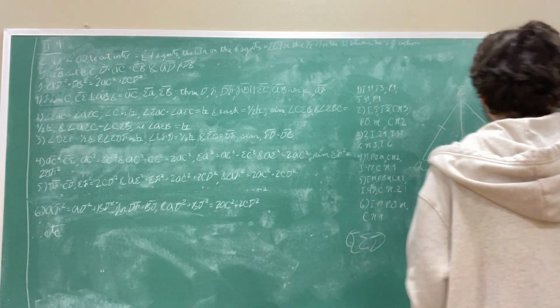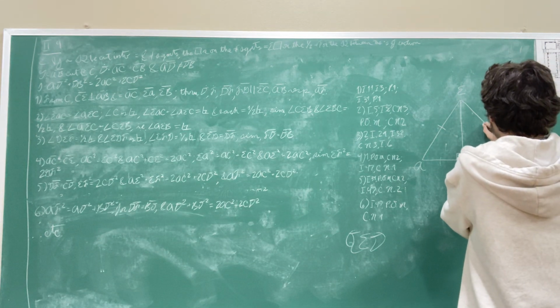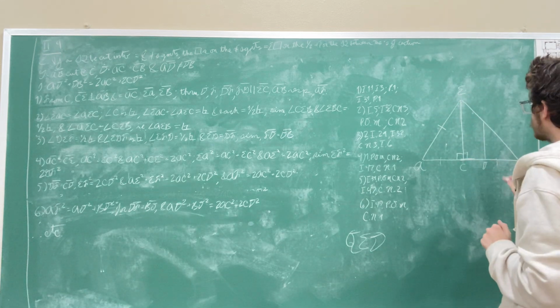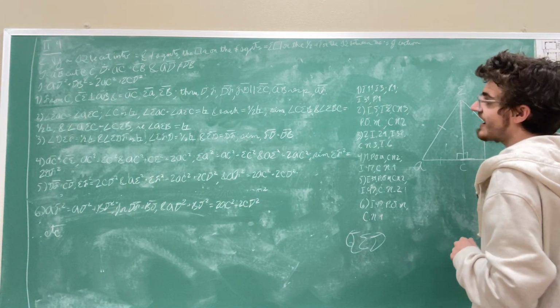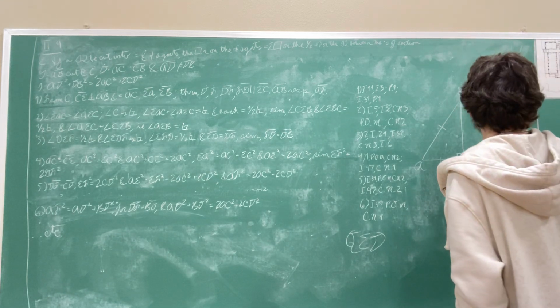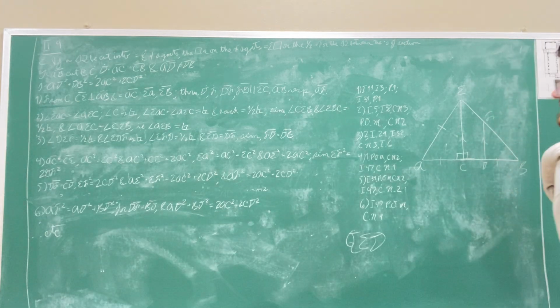Now, through point D, we're going to make DF, F being the point at which EB and the straight line through D intersect. We're going to make DF parallel to EC, so these straight lines are going to be parallel.